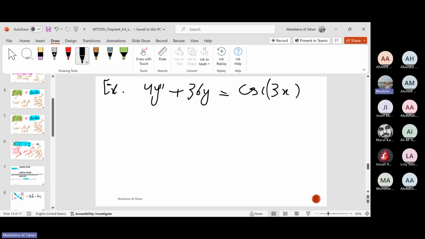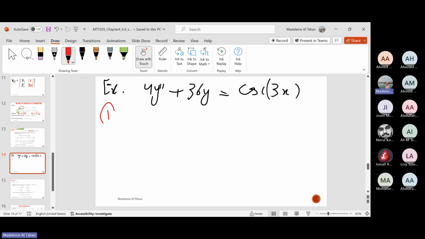So step number 1, we need to write it in standard form. Divide by 4. How did I know that we have to divide by 4?